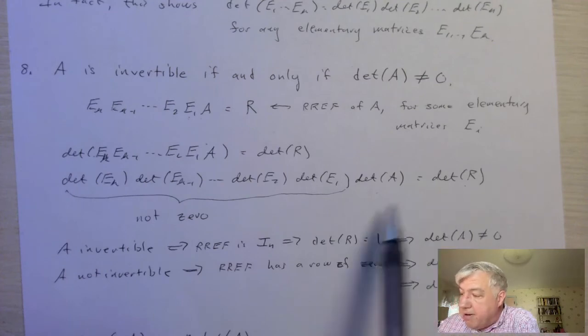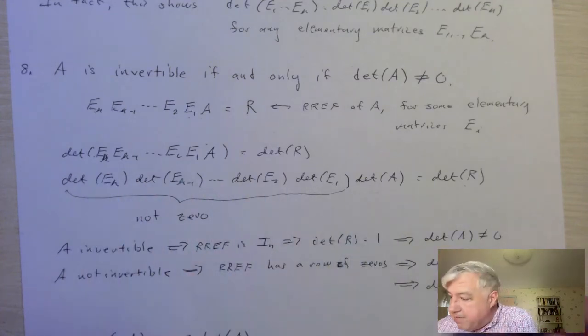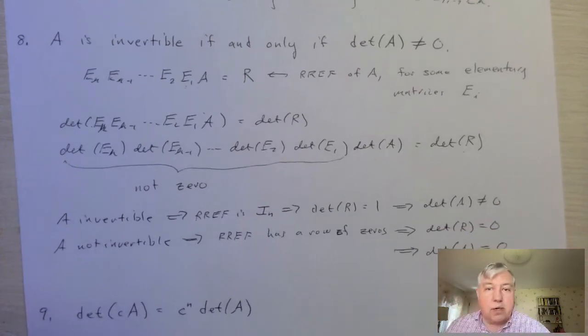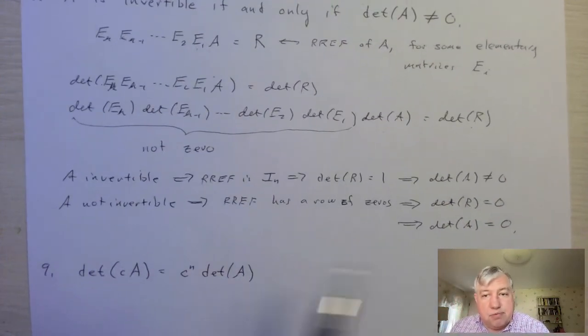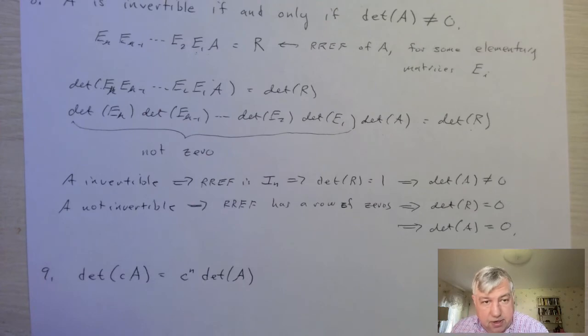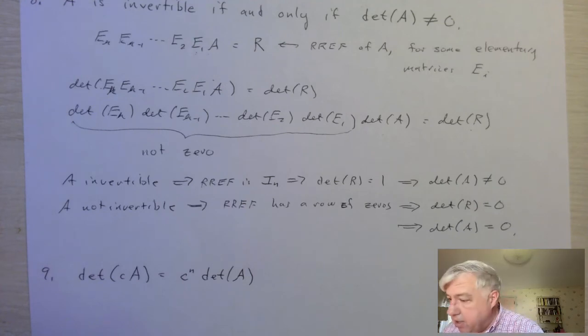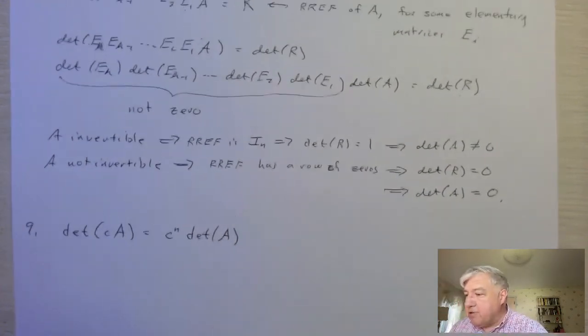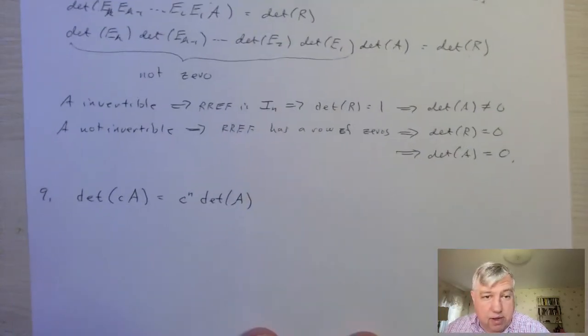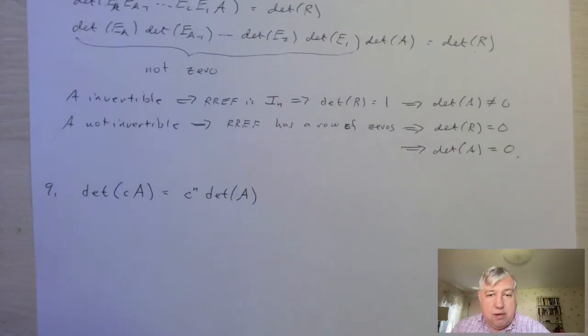If this is 0 and these are not 0, then the determinant of A is 0. So that basically proves it. In each case, the determinant of A and the determinant of R are either both 0 or both non-zero. This is going to be very important. And then one last thing before we wrap up.